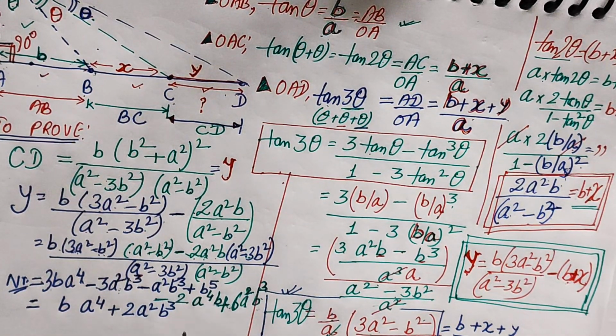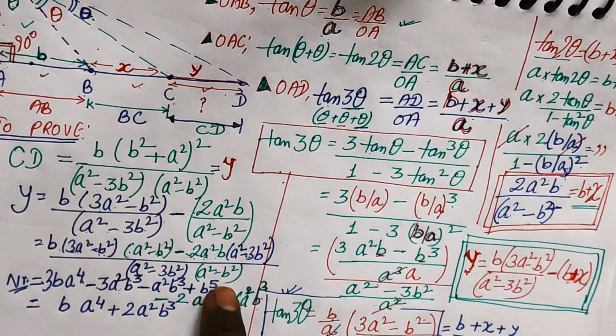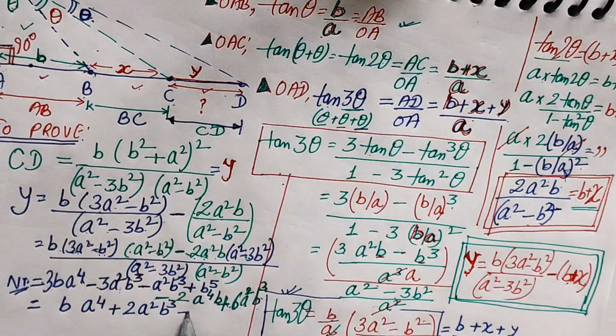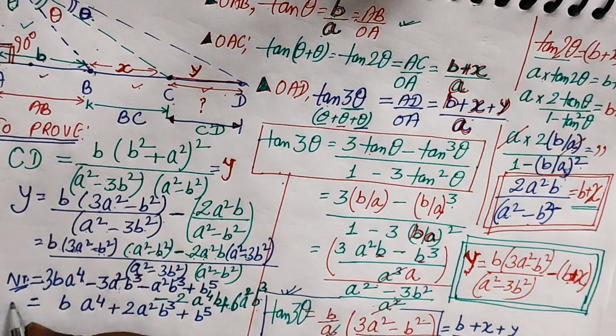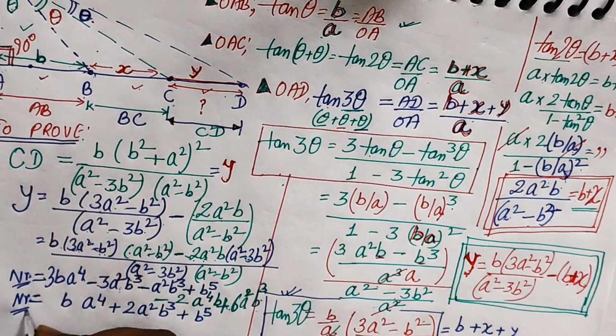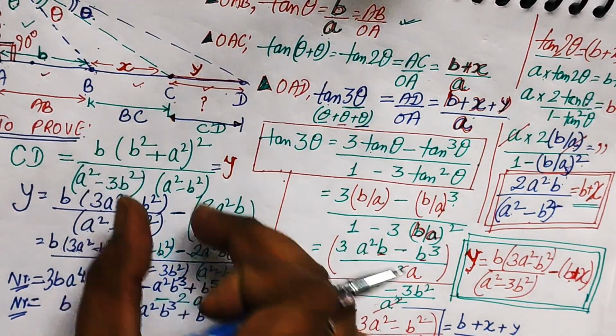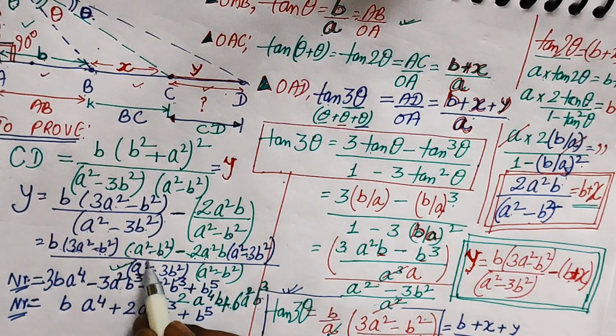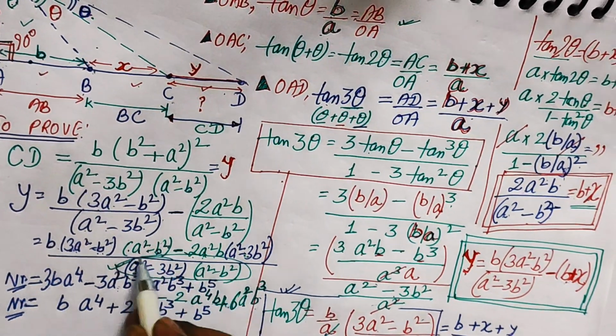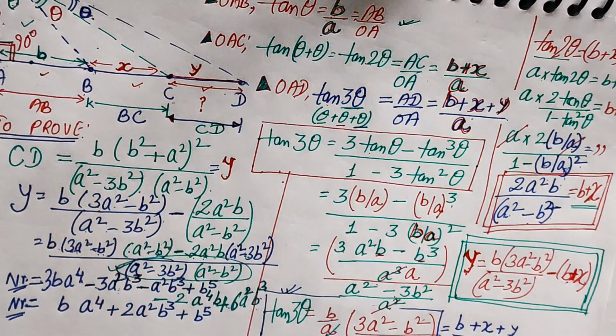After that, we are left with only one term, that is plus b power 5. So this is numerator only, mind it, because the denominator is already matched. Here you can see this one is the denominator which is matched with the requirement. So we are just working on the numerator only.